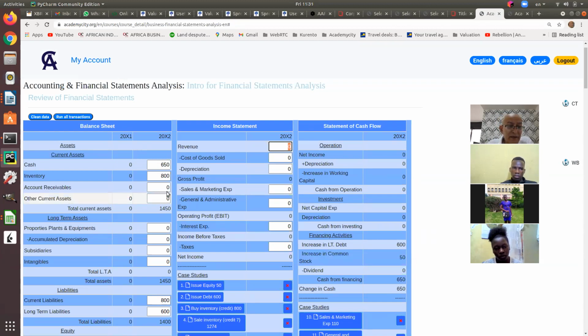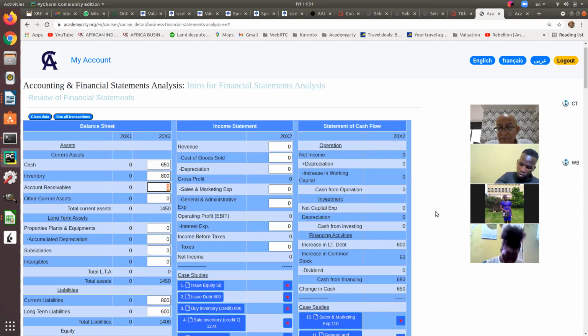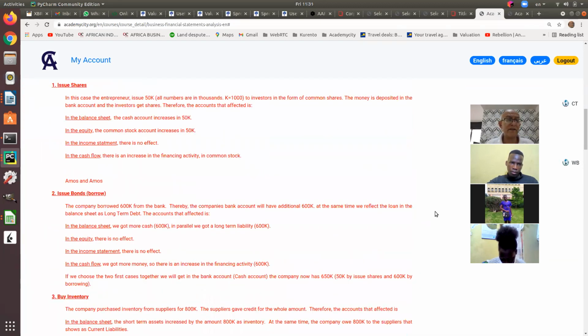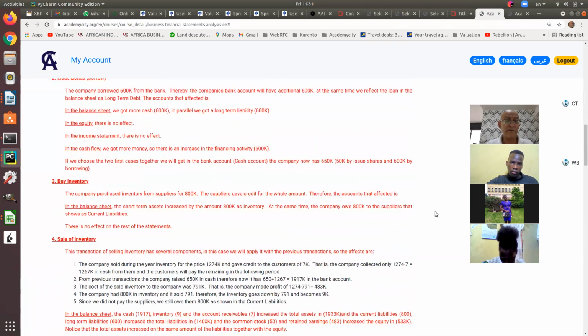Accounts receivable is in the balance sheet. It's the amount that a customer promised to pay on the inventory they buy, in my example shoes. It's a promise to pay in the future. Now we'll go to the example in transaction number 4.